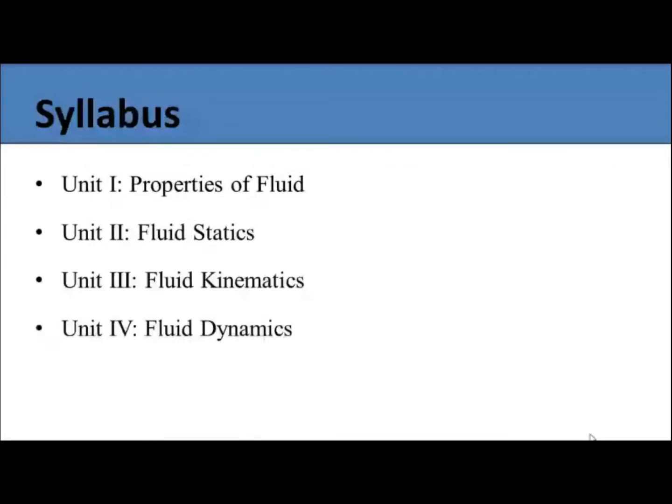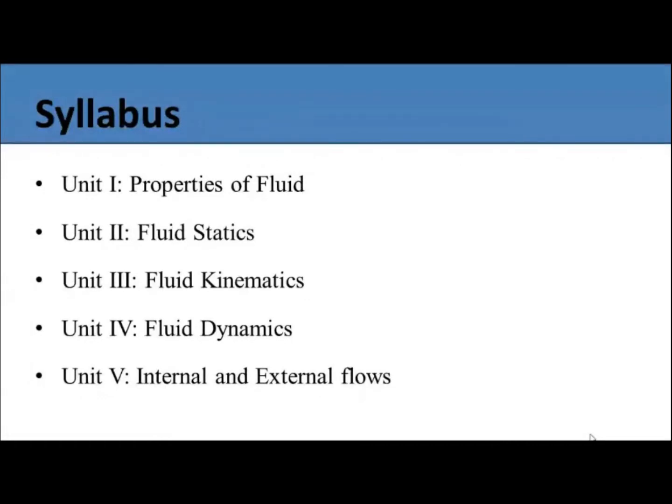Then the next unit will be fluid dynamics. In fluid dynamics, we are going to talk about the different types of forces which are present when the fluid is moving. Then unit number five will be internal and external flow.